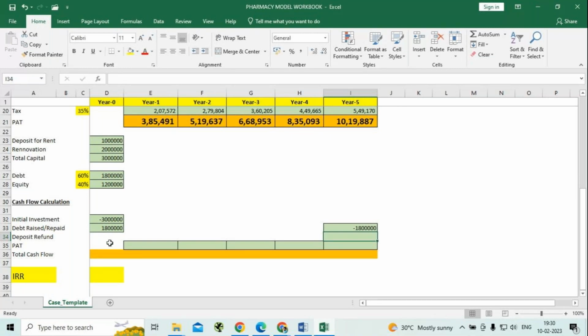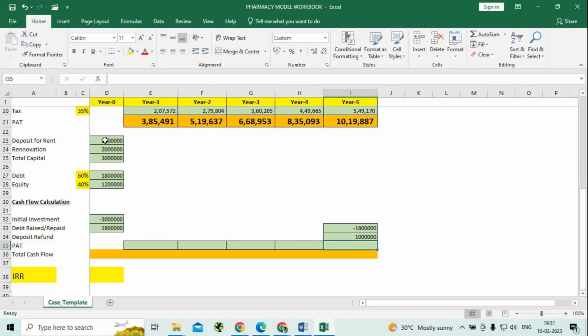The next thing is the deposited money of 10 lakh is going to come back to us at the end of the fifth year. As we all know, when we pay anything as an advance for rental purposes, once the rental period is completed, it is mandatory that we receive back our advance amount.